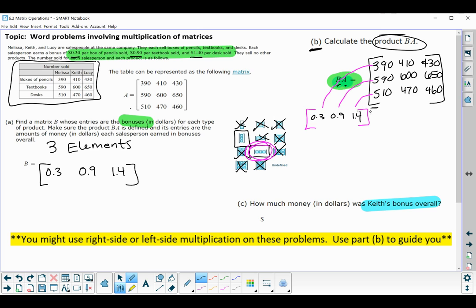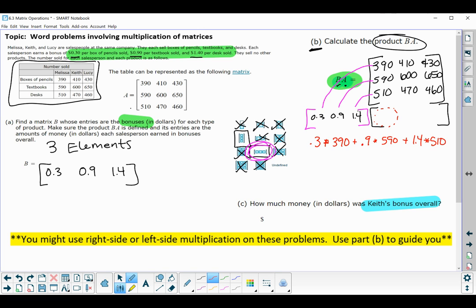And so our answer is just going to have 3 elements. So we're going to use this row every time, but we need to multiply it by each column. So our first element that goes right here is going to be 0.3 multiplied by 390 plus 0.9 multiplied by 590 plus 1.4 multiplied by 510.